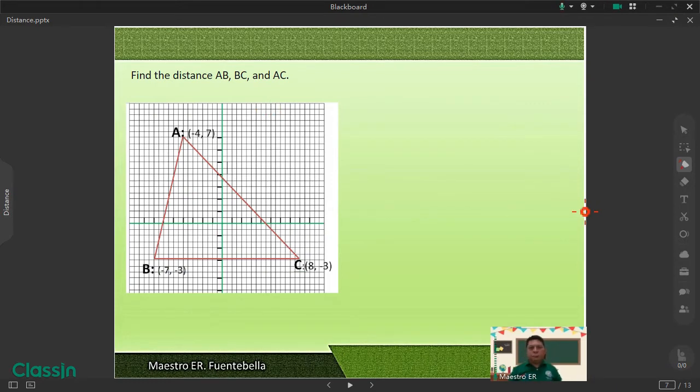So let's find first the distance of point AB, where it is given that point A is at (-4, 7) and point B is at (-7, -3).